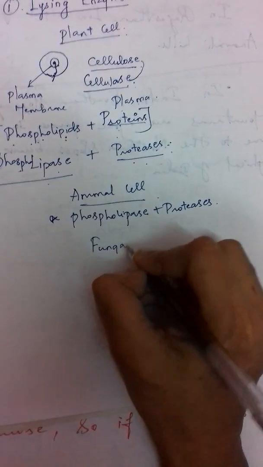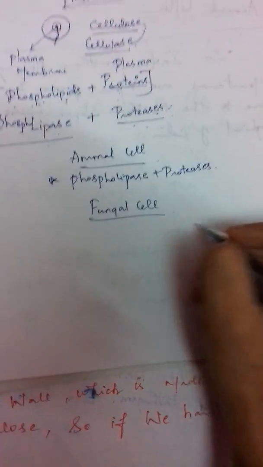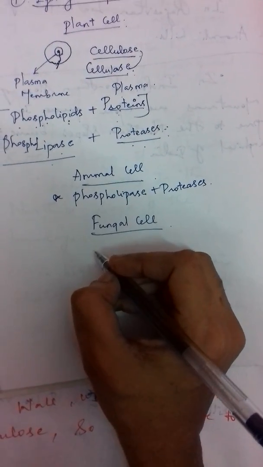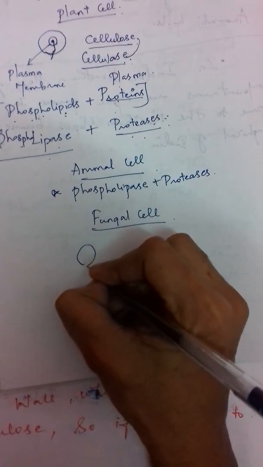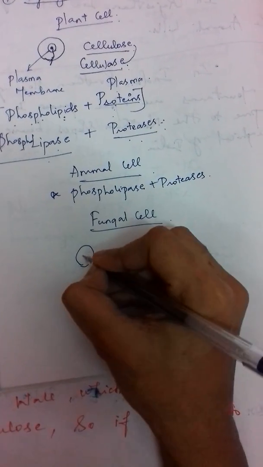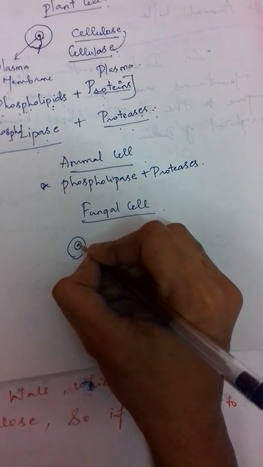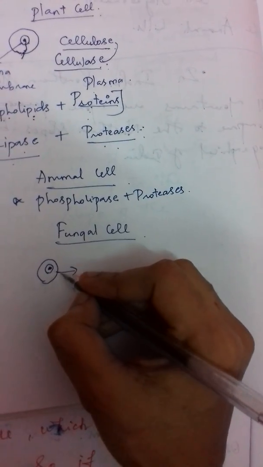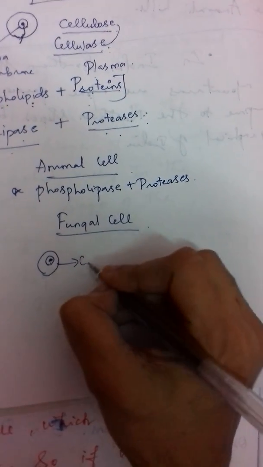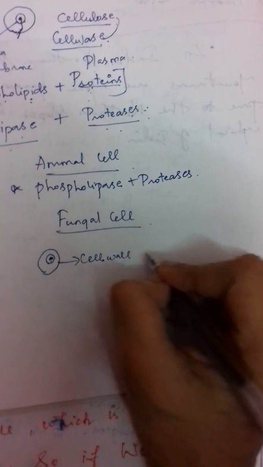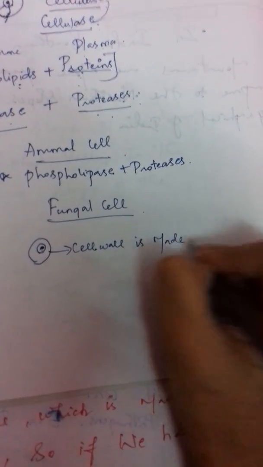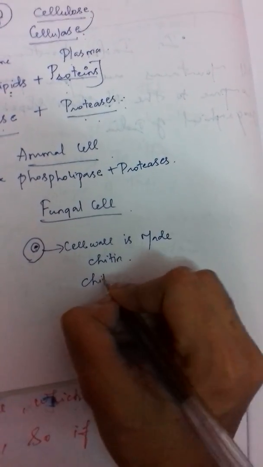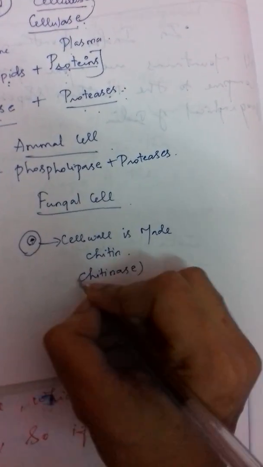And then the fungal cell. The fungal cell wall is made up of chitin, and then the plasma membrane, and then DNA. Since the cell wall is made up of chitin, we should use chitinase to digest chitin.